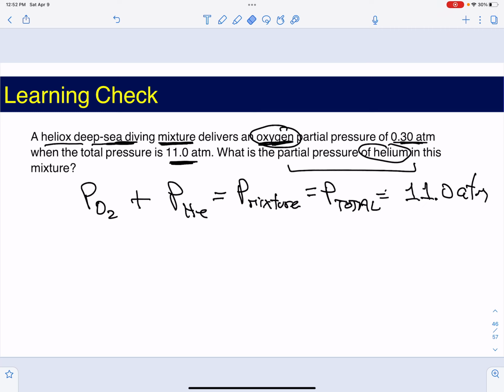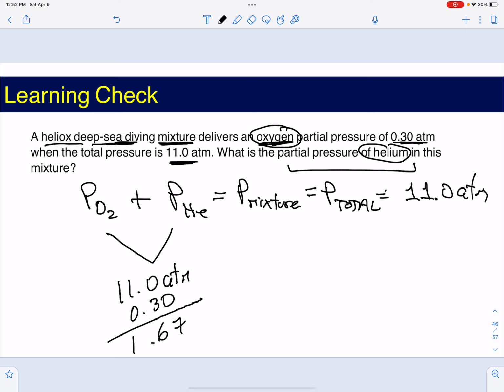So since you know that these two are going to be 11.0 atmospheres, and you know that the oxygen by itself is 0.30, then the difference has to be the pressure of helium.